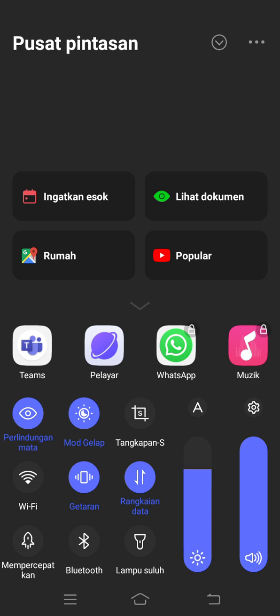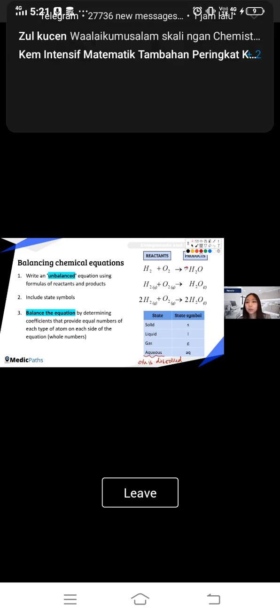Okay, for those of you who have not done this in class yet, after we write the unbalanced equation, we see that there is less oxygen on the right side than on the left. Basically, the number of atoms on the left should equal the number on the right, okay? So to make the oxygen the same, because the hydrogen is already the same, we're just going to change the oxygen. So let's put a 2 in front here.